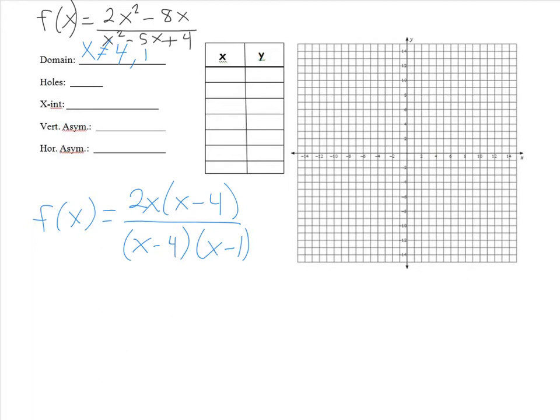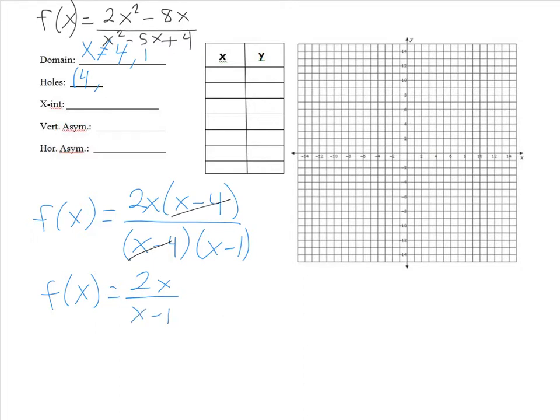Awesome. Next thing, holes. Well, what cancels? X minus 4's cancel. So I have a hole at 4, comma, 4 comma what? How would I figure that out? Well, why don't I write out my simplified version of this function here where I've made some simplifications.